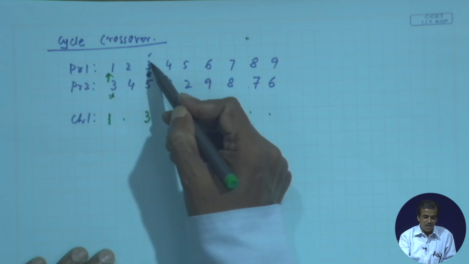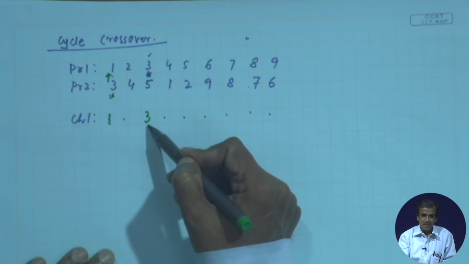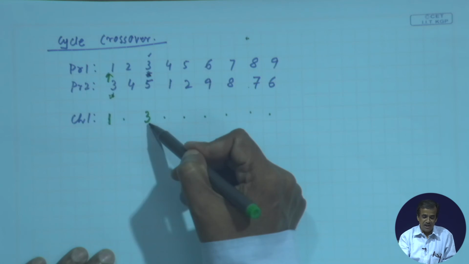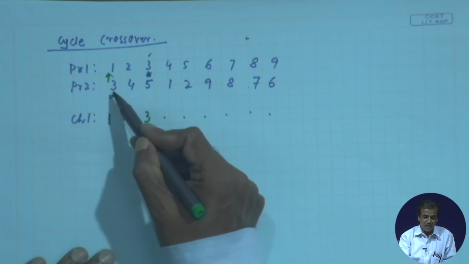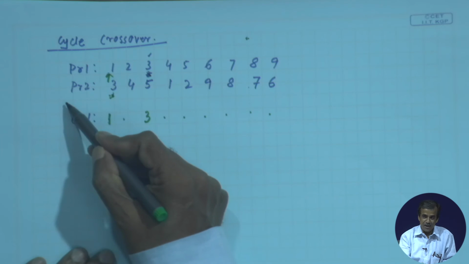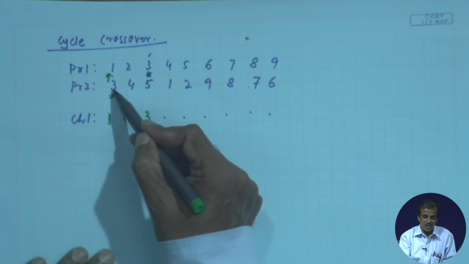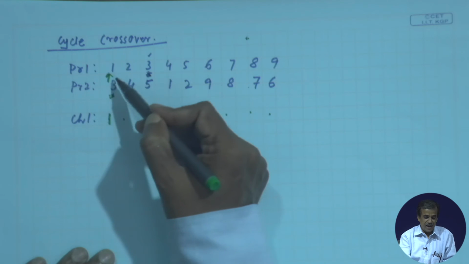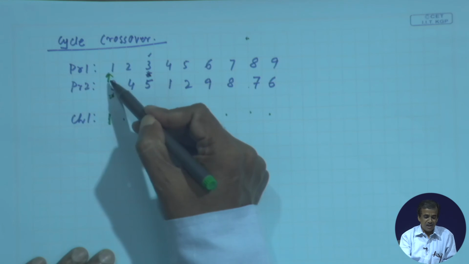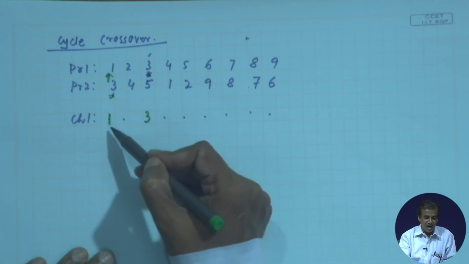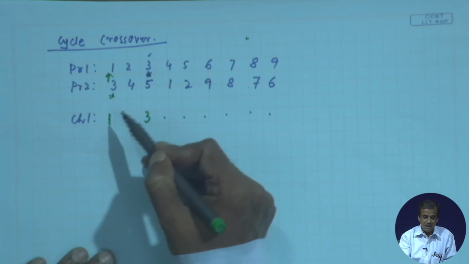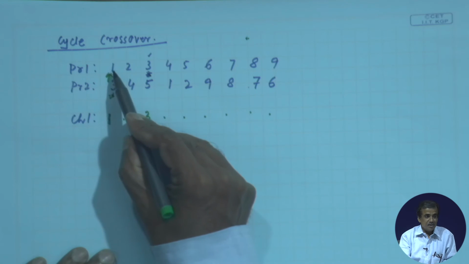These 3 you directly copy, and once you have copied these 3 at location 3, you find out the location of CT3 on parent 2. That is location 1, and the CT corresponding to parent 1 at location 1 is CT1. So I am putting CT1 here. Am I clear?